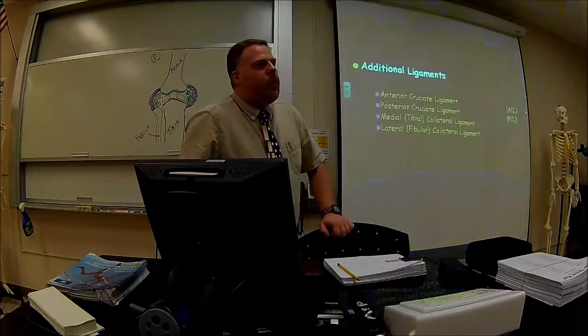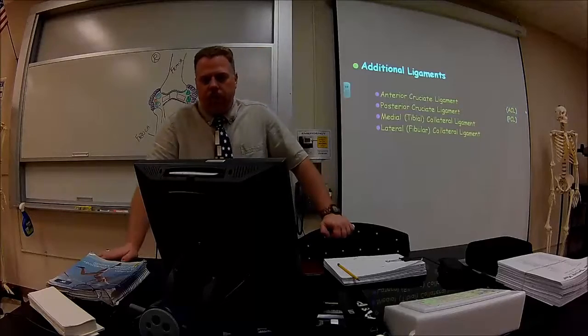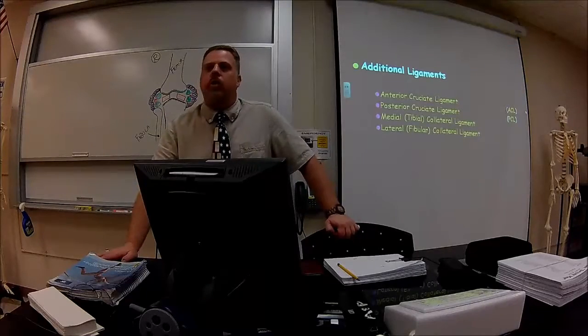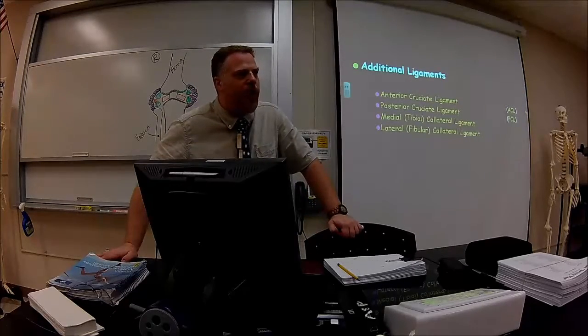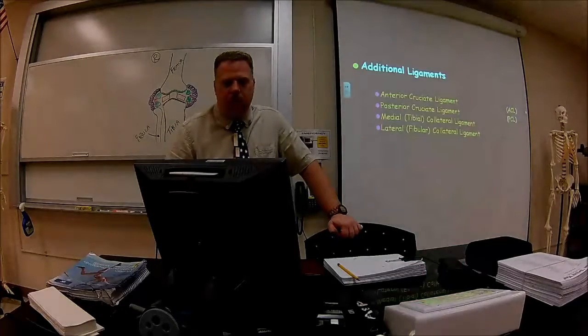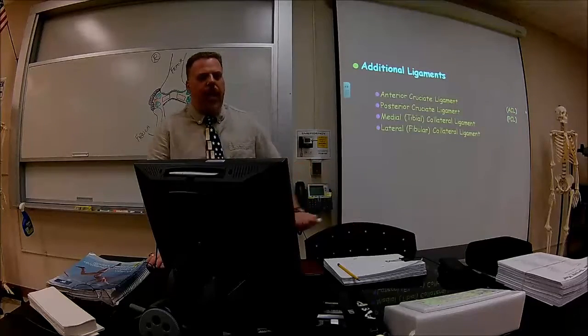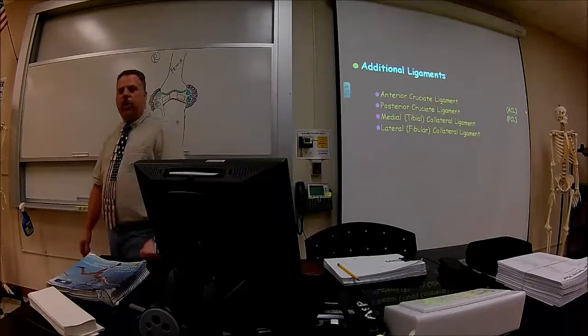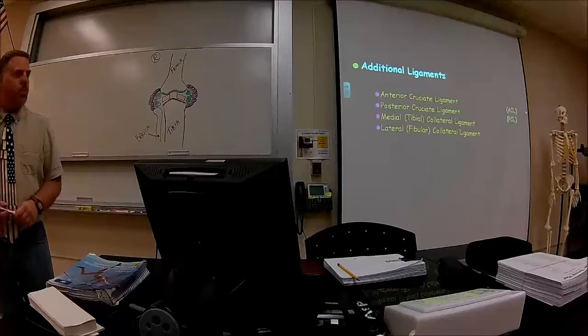And then you have something you probably already heard about, the ACL. But now we get to know what the ACL stands for. The ACL is the anterior cruciate ligament.